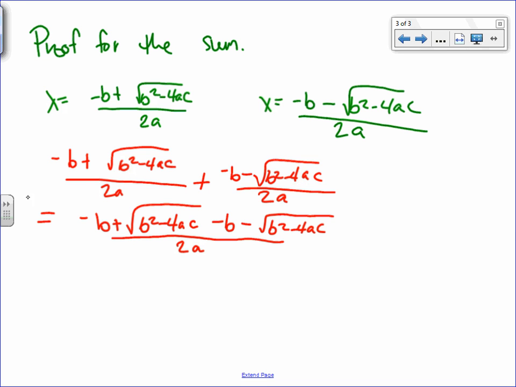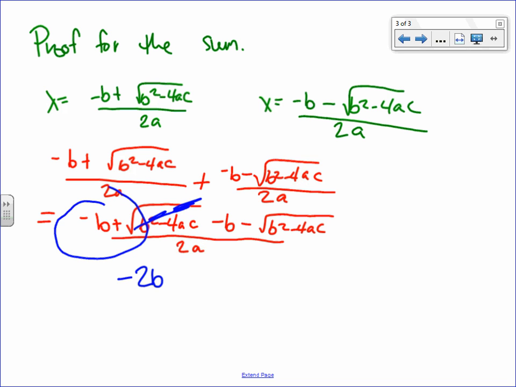Okay, but if I look at this, I can take this b right here, this minus b, and I can combine it with this other minus b over here. So I've got minus b, that's going to give me minus 2b. Okay, and then if you look, I've got that positive square root of b squared minus 4ac and that minus square root of b squared minus 4ac. Those two things are actually going to cancel.